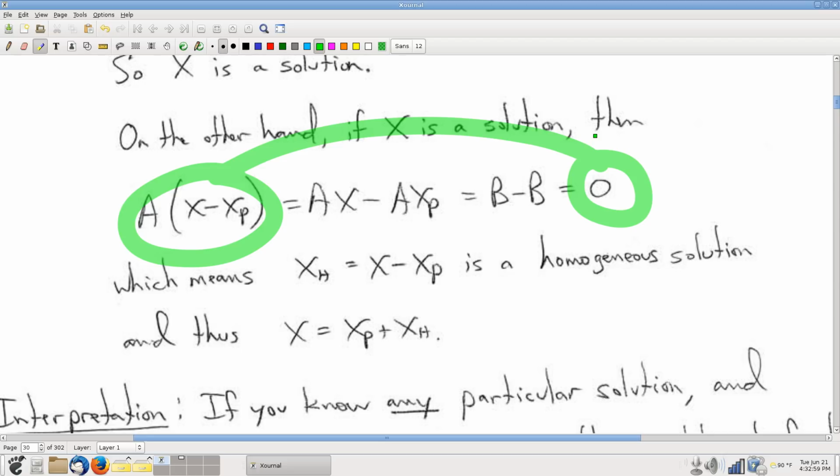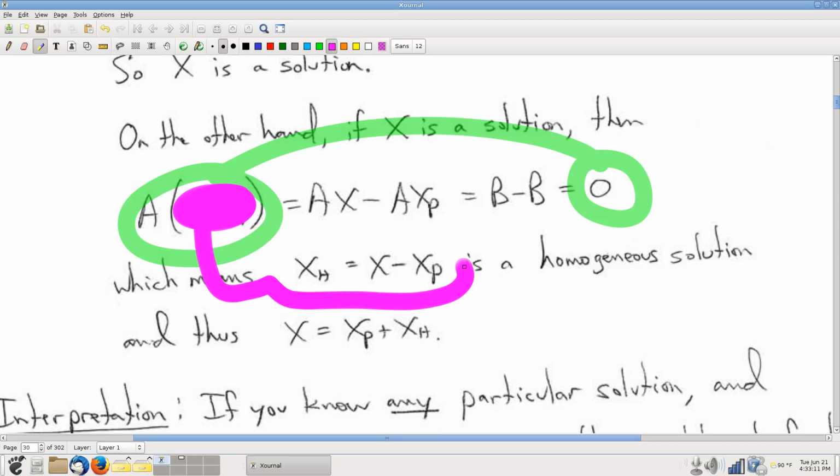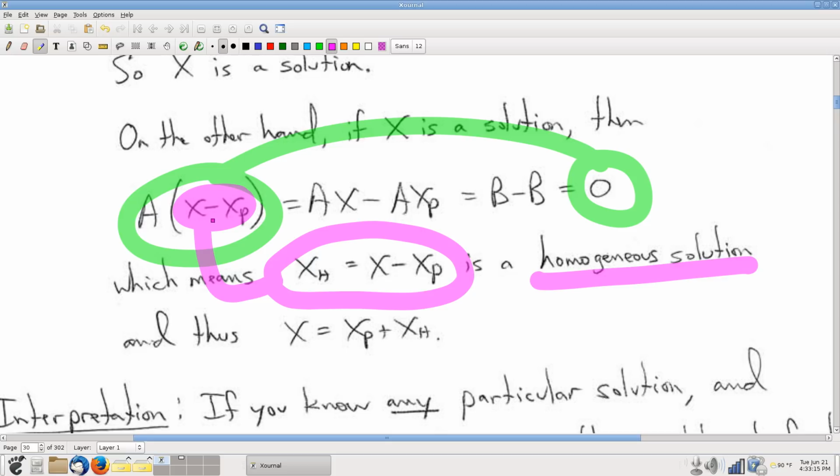What does that buy me? Well, what that tells me is that this x minus xp, I did this in purple, is a homogeneous solution. Because you can see right here, that thing, x minus xp, when you multiply it by A, gives you 0. That's the definition of a homogeneous solution.